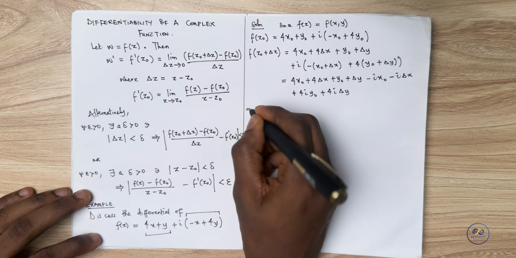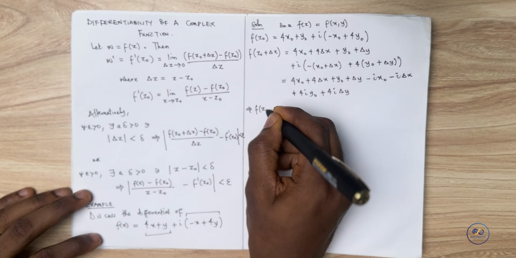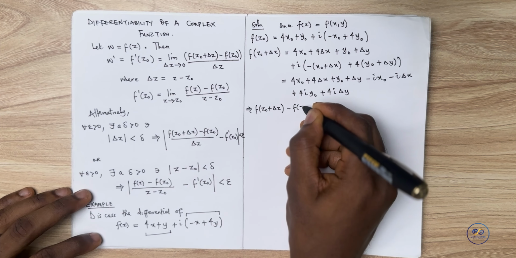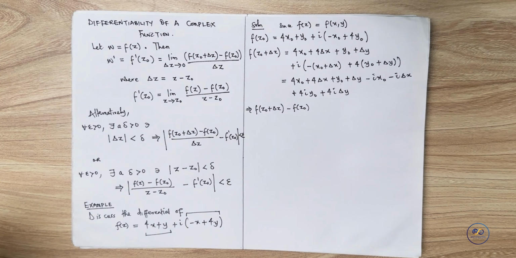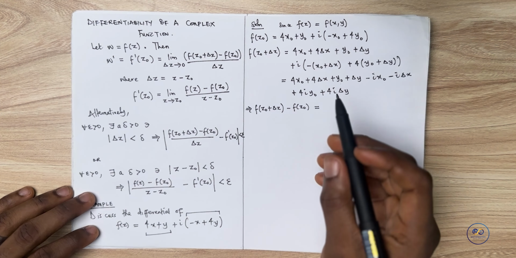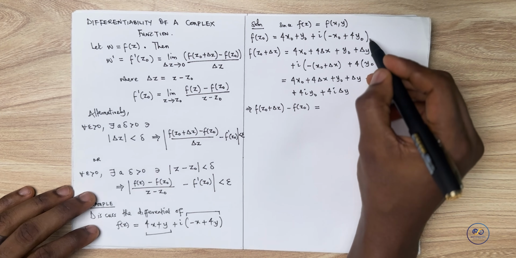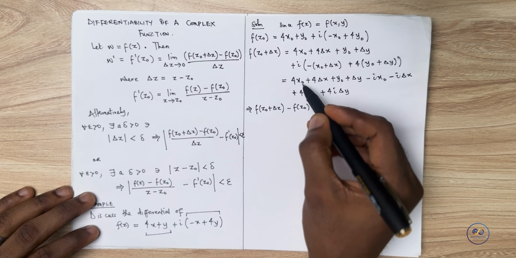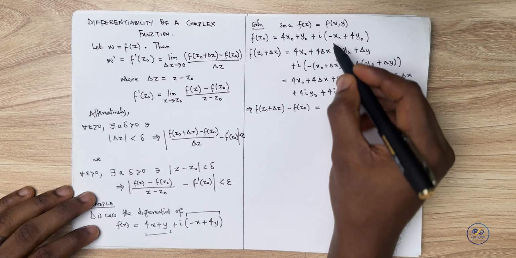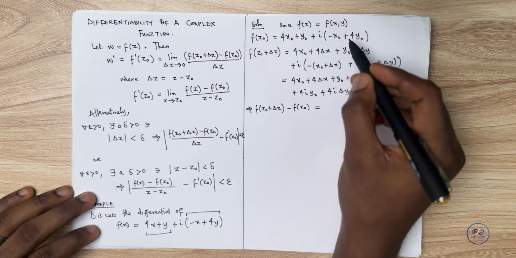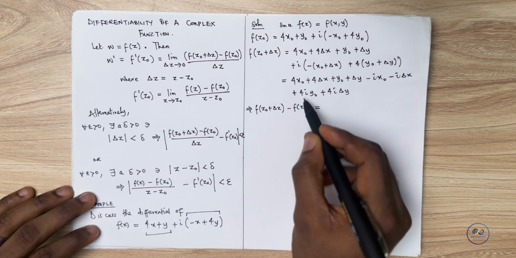It implies immediately that if we were to take f of z naught plus delta z minus f of z naught in this regard, what will happen is that we are subtracting this function from this. So 4x naught will cancel, y naught will cancel, minus i x naught will cancel, and then 4i y naught will also cancel.